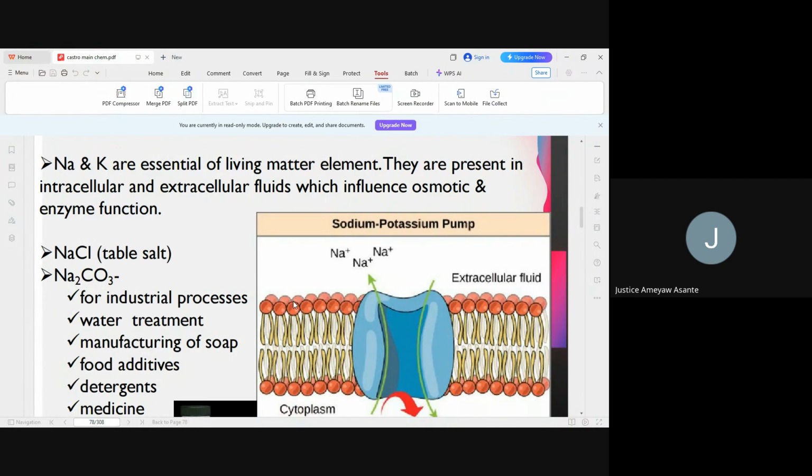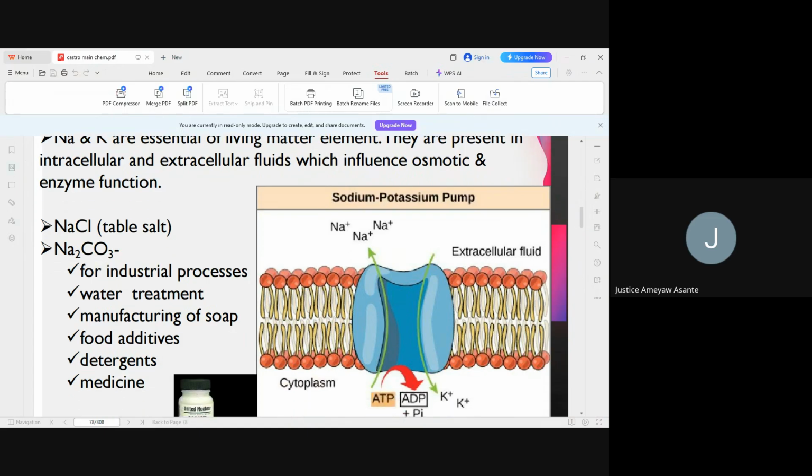And therefore, what chemical controls it? Sodium and potassium are the elements that influence this osmotic pressure or osmotic processes in living organisms. So you can see that sodium and potassium are very vital for living organisms.